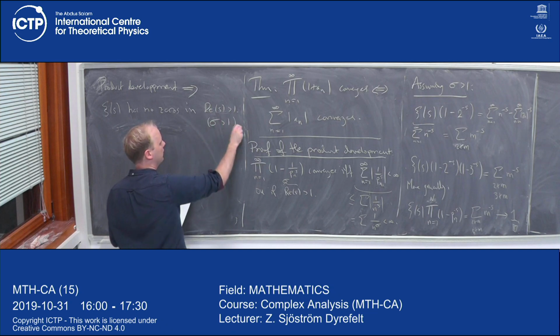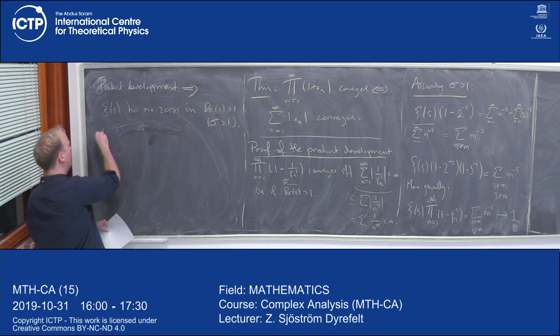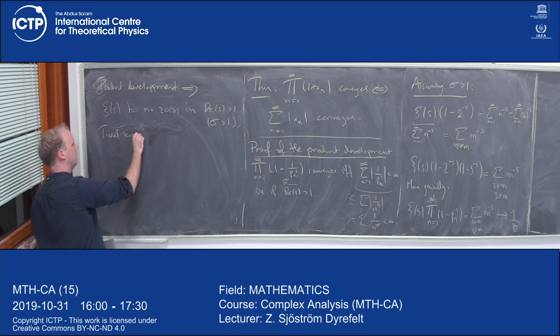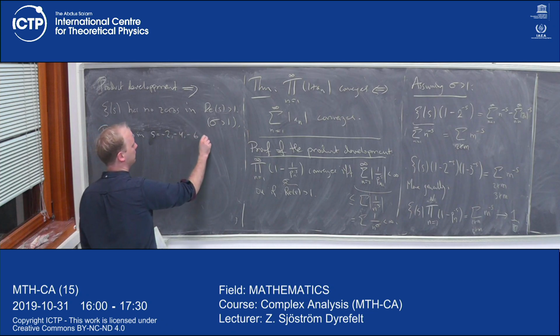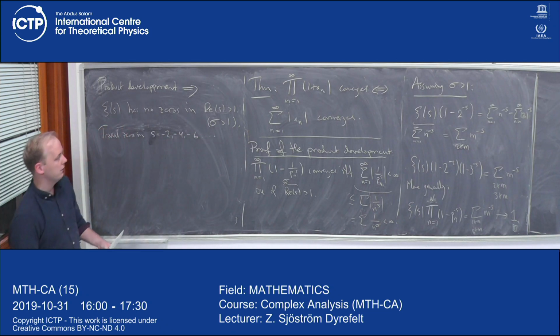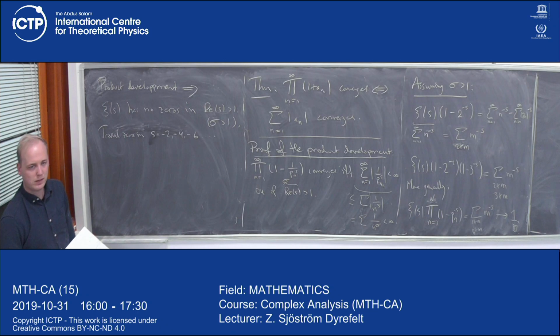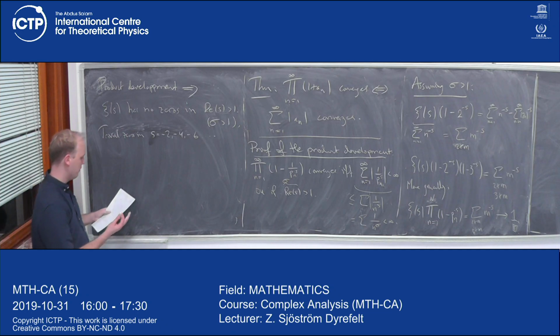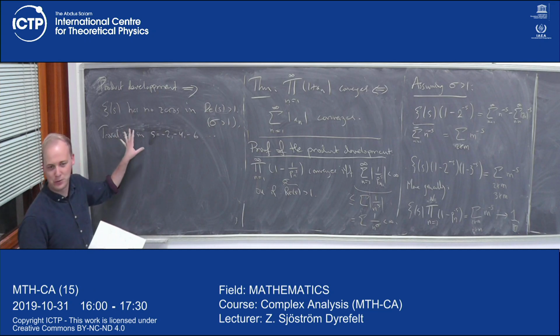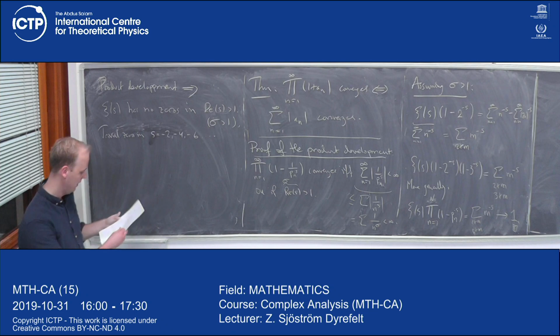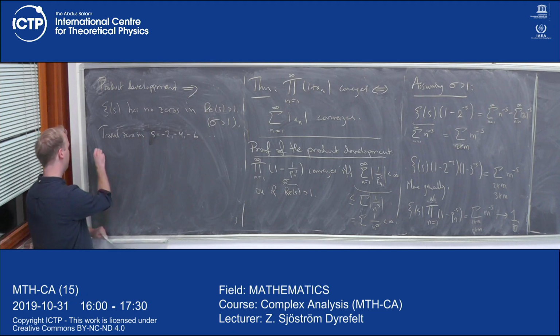Okay? This is what I want to say. And we recall that we had the trivial zeros at s equals minus 2, minus 4, minus 6. Okay? So this is what we know. And now the question is, where are the non-trivial zeros? Because there are more zeros of the zeta function. And this is exactly what the Riemann hypothesis is about.